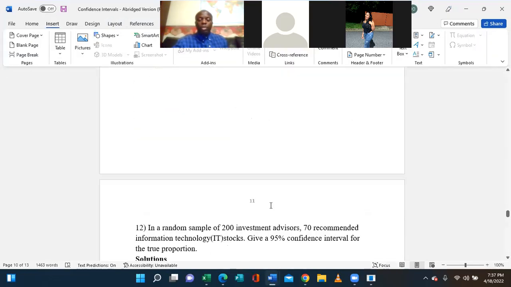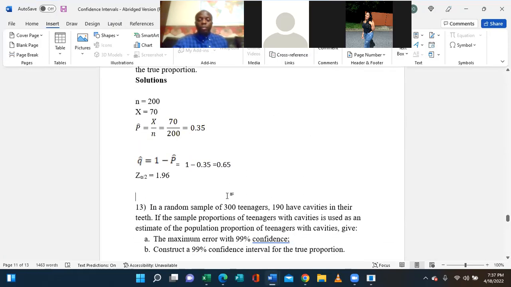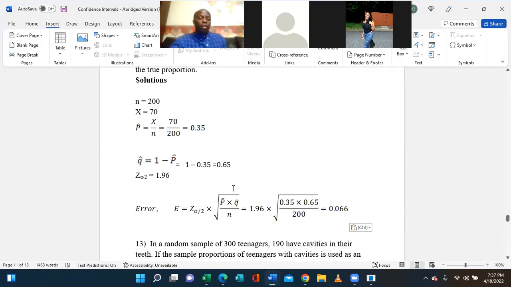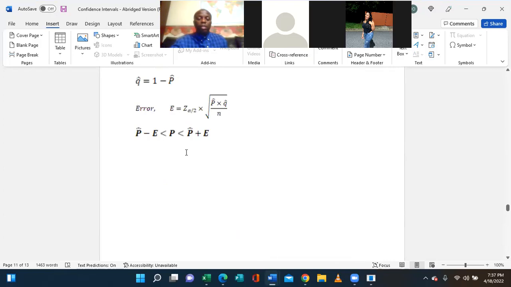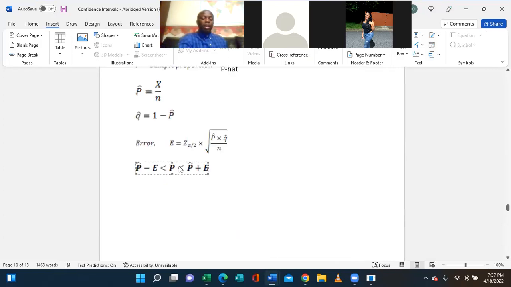So we can put our error margin under our problem that we are solving. Now we have our error margin and we have our P hat. We can now compute our confidence interval using this last formula here.